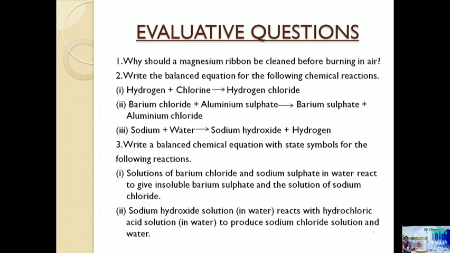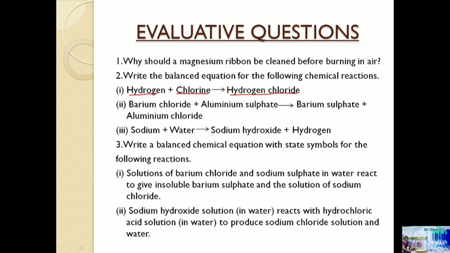Then question number 2. Write the balanced equation for the following reactions. First one, hydrogen. Instead of hydrogen, we can write H2, plus chlorine. Instead of chlorine, you can write Cl2. Hydrogen chloride, we can write HCl. Then we need to balance.